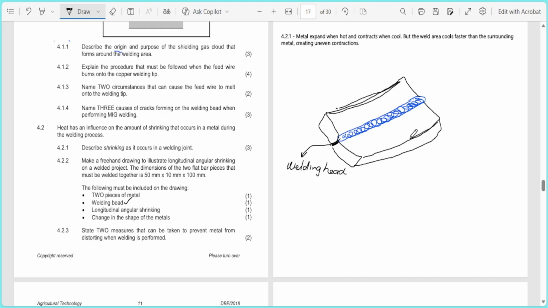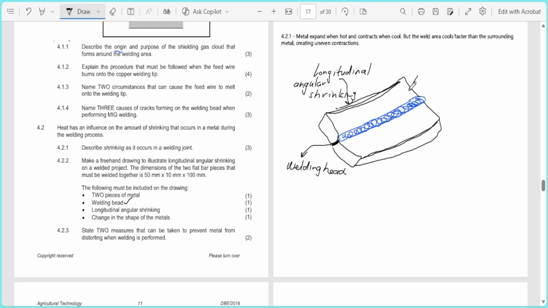These parts, they don't go in a straight line, but they are bended to some degree. So this is the longitudinal angular shrinking. So in the real world, you're not gonna have something perfectly straight, so it's gonna have that angular shrinking area.